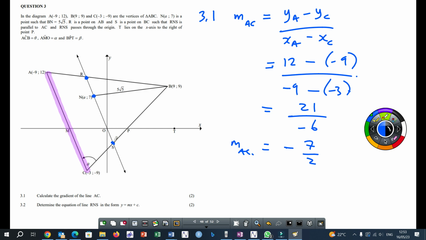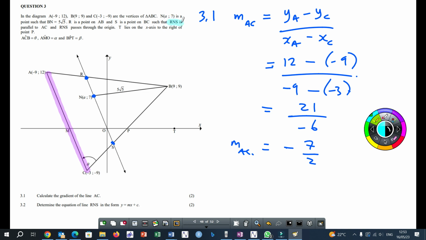Where is that information? Okay, so it says N is a point such that BN is from R, a point A, S is on BC such that RNS is parallel to AC. Okay, so we are done with that. So we are back again in grade 9. Grade 9 and 10. That's where we are. Wow.